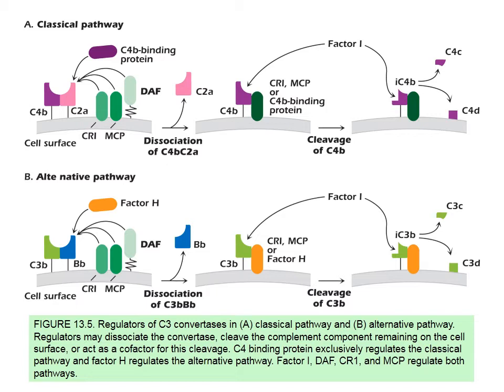So these are some of the important functions, because these complement proteins are not running around in serum in already activated form. So we have a lot of control mechanisms, and we want to make sure that they don't go out of control. Otherwise, there will be such inflammation that will be out of control.